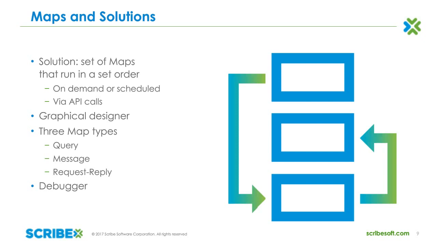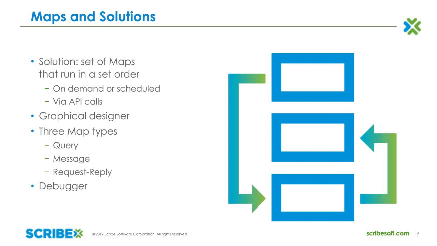That's going to instruct the agent to start running the map and process the results. Message maps are asynchronous in the sense that they are listening for records coming in, but they just give a simple acknowledgement. They don't keep the connection open until the record is finished processing.